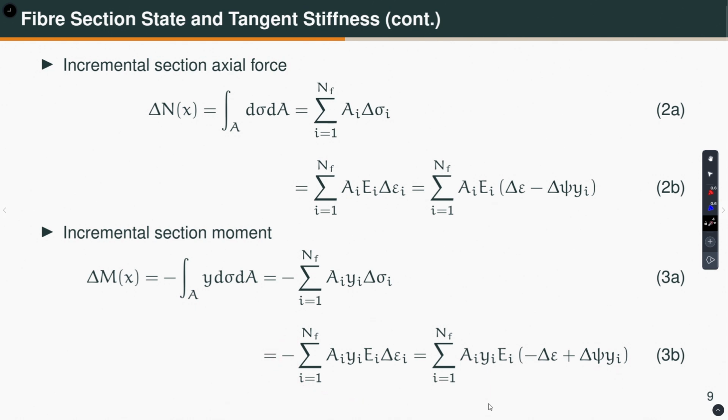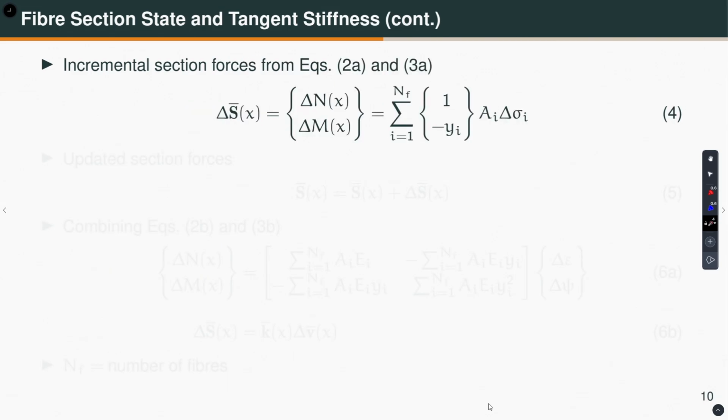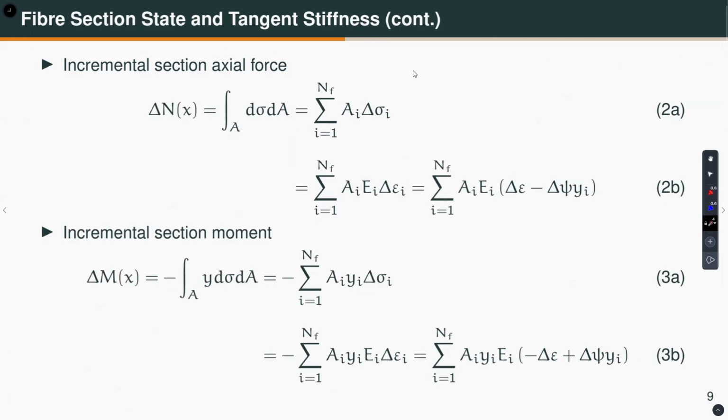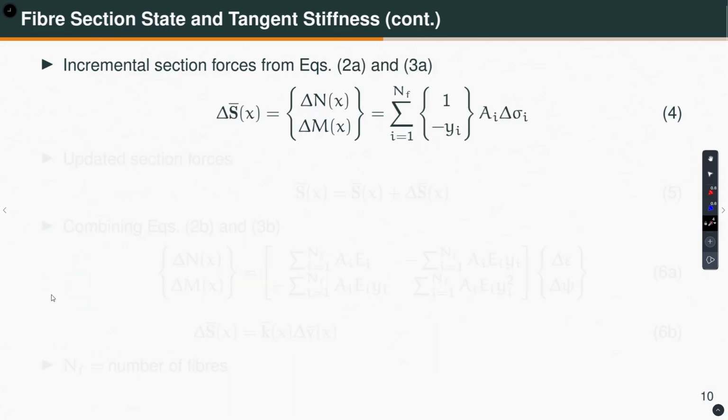Okay. So, now incremental section forces from equation 2a and 3a, that means this equation and this equation. On the left hand side I have delta nx, delta mx, which is my delta S bar x, and this equals summation over fiber i equal to 1 to nf of 1, minus yi, multiplied by ai delta sigma i.